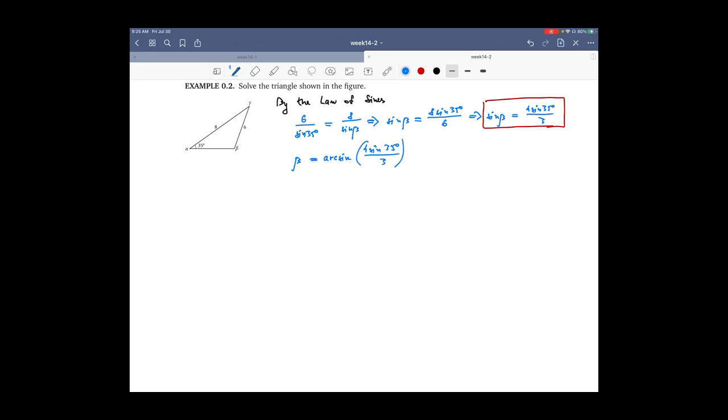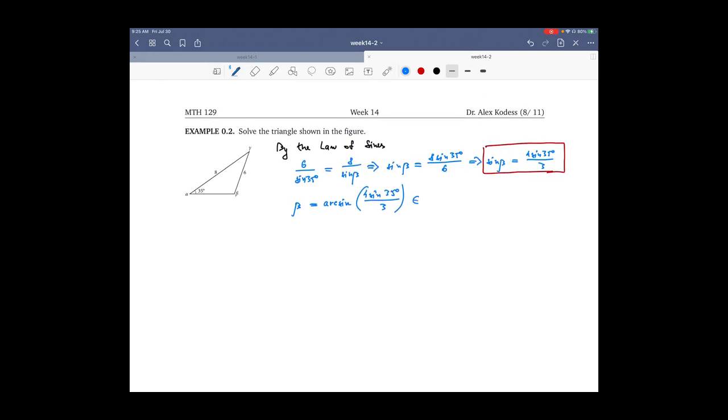that would be a mistake because that number certainly belongs to the interval 0 to pi over 2.